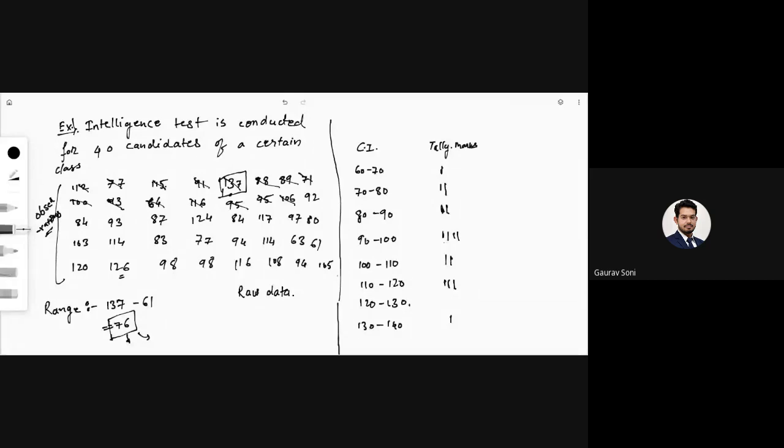Look what I'm doing here. The tally marks are done in this way. So you have 4 sticks and the fifth one like this, so this counts totally as 5. Then 84, 93, it is again here.